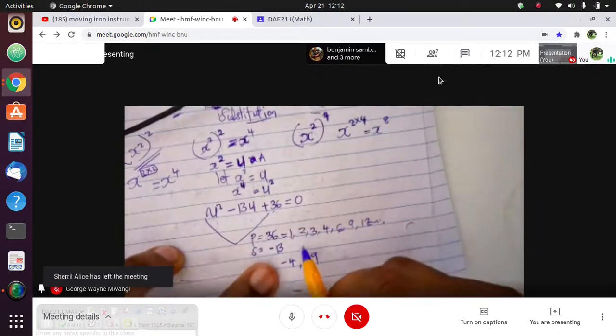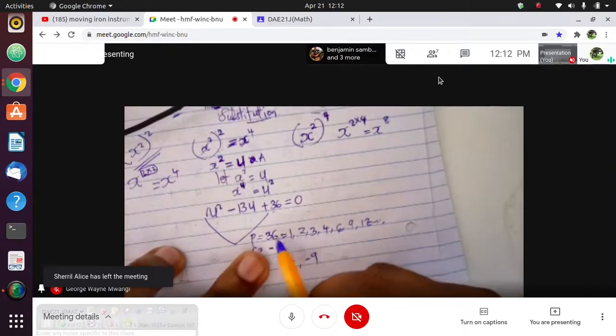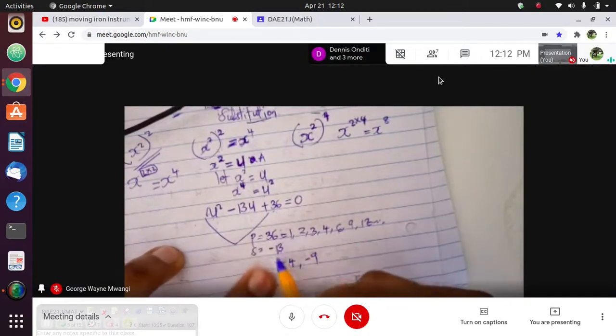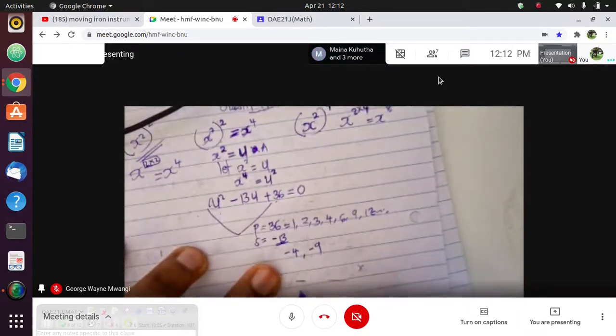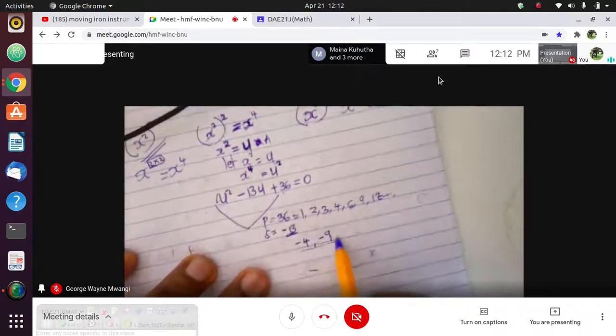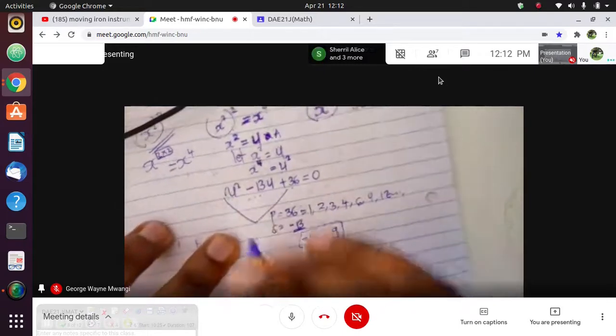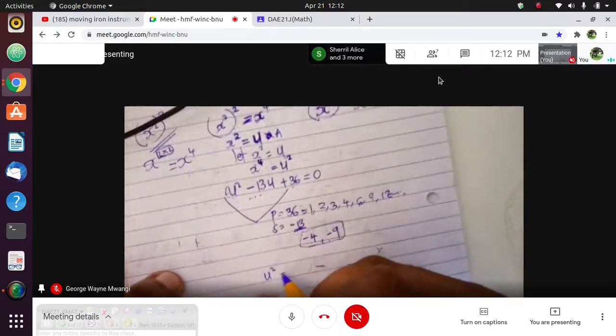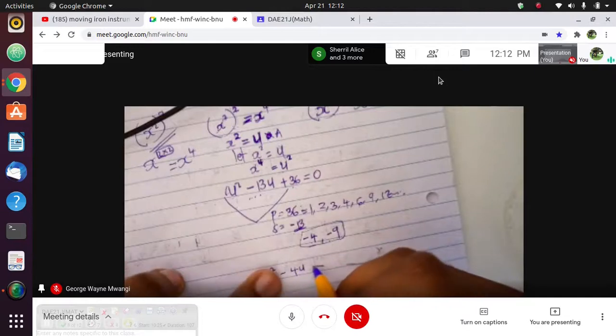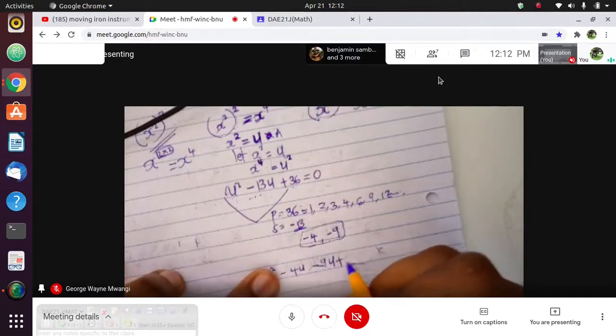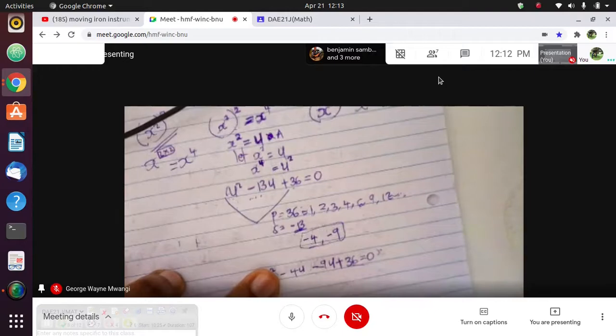Now, I'm interested in the factors of 36 that when I multiply will give me 36, and when I add them will give me minus 13, and it is minus 4 and minus 9. Now, let us replace these factors in our equation above. So, u squared minus 4u minus 9u plus 36 is equals to 0.